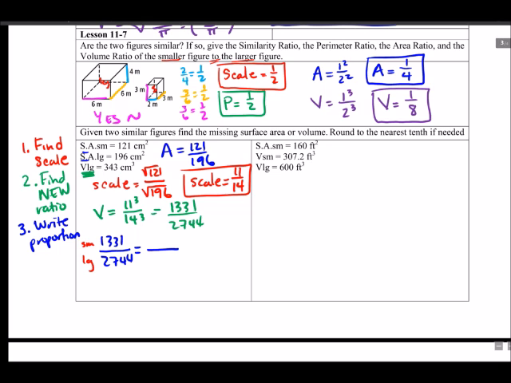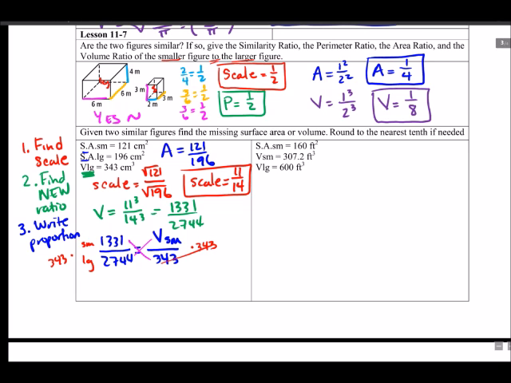We know the large volume, so that's going to go down here on the bottom. And what are we looking for? The volume of the small figure. So now it's a simple matter of cross multiply and do opposite operations, or we could just simply times by 343 on both sides.